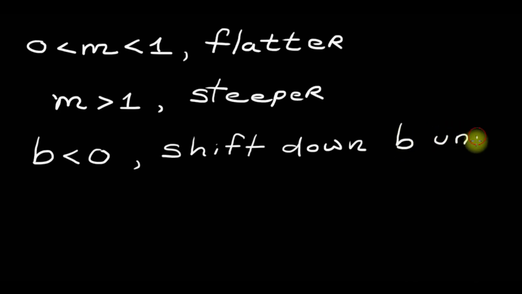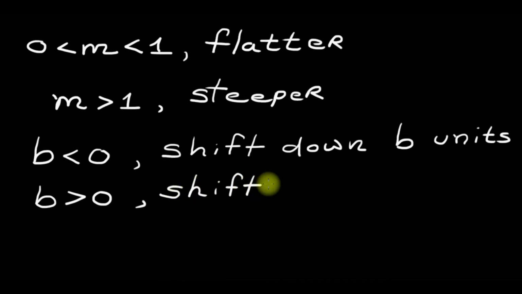So whatever b is, it's going to go down by that many units. So shift down b units. Now, what happens if b is greater than 0, meaning it's a positive number? It's going to shift up. So it's going to go up b units.